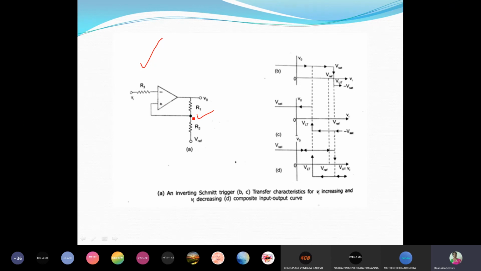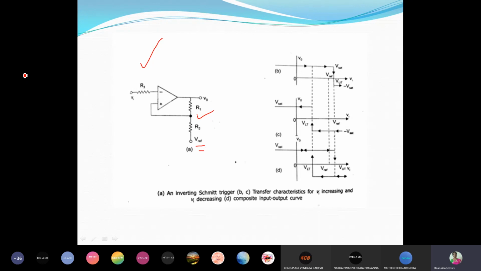Of course there is some reference voltage here. So if the reference voltage changes, then the output changes. That means the output voltage is forced to move between plus Vsat and minus Vsat, right?